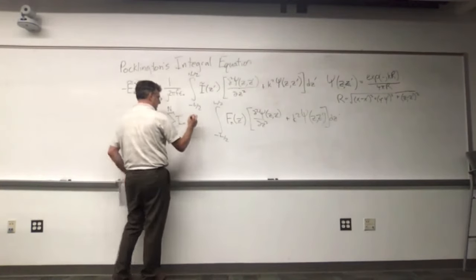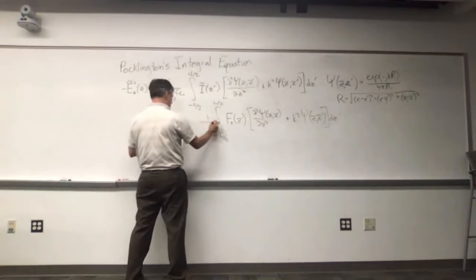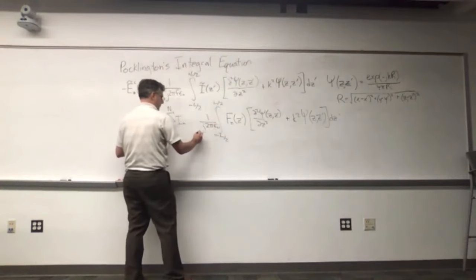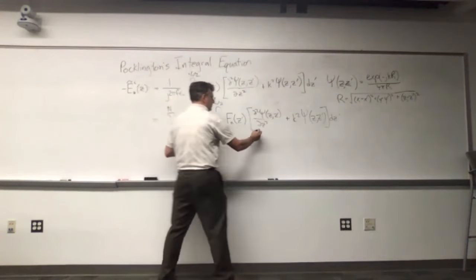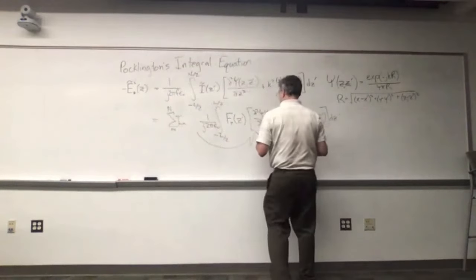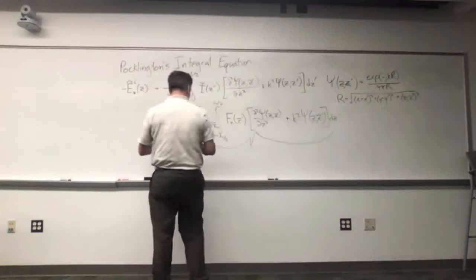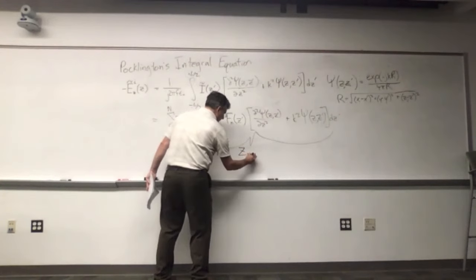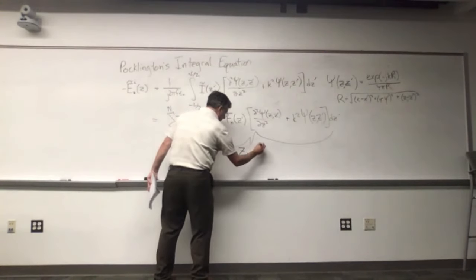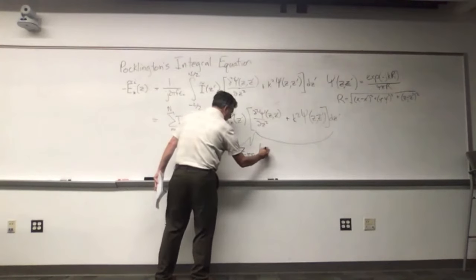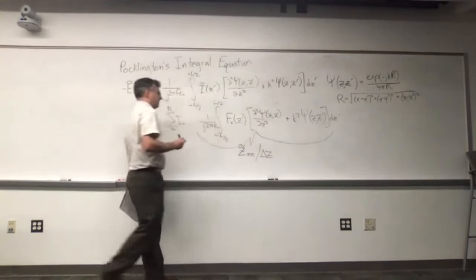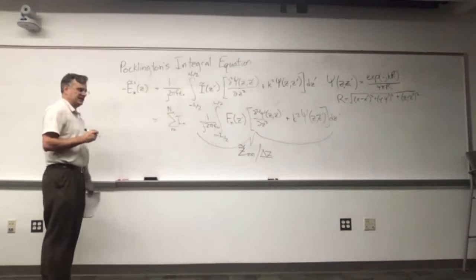Second, because the new units of this thing on the right are basically ohms per meter. I'm going to call that delta Z Mn.